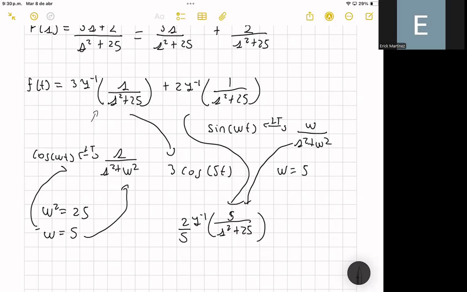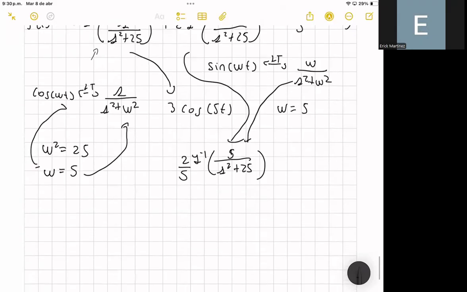So this should be equal to 2 times 5 times the sine of omega, that is 5 times t. So we can simplify the function as follows.